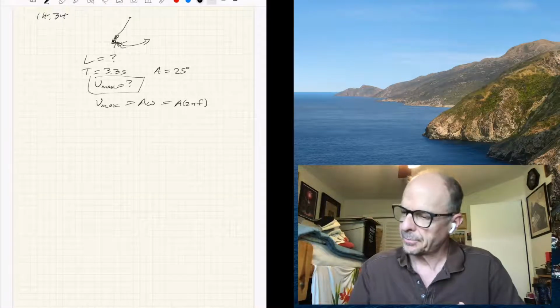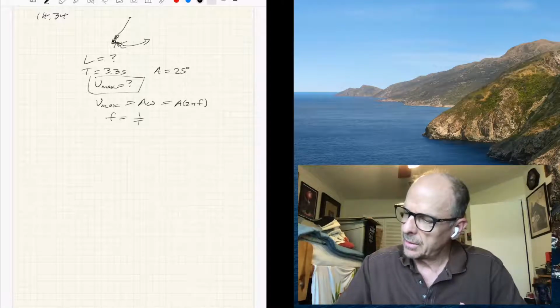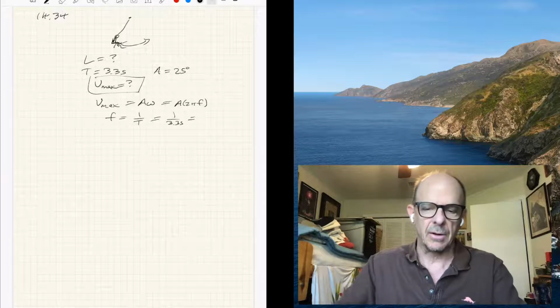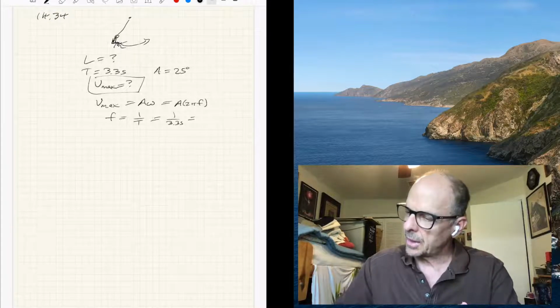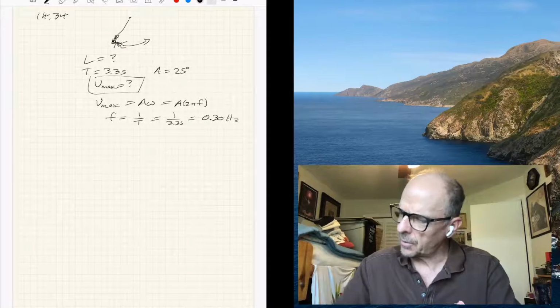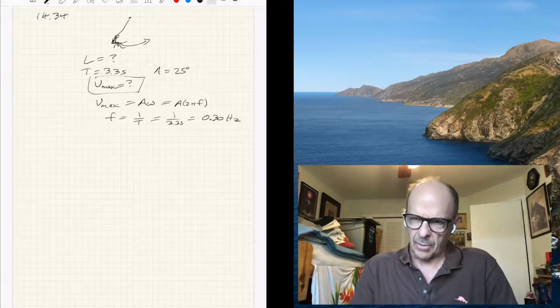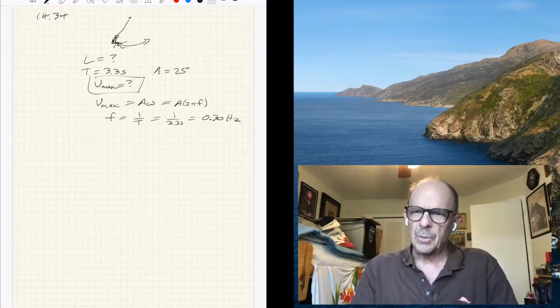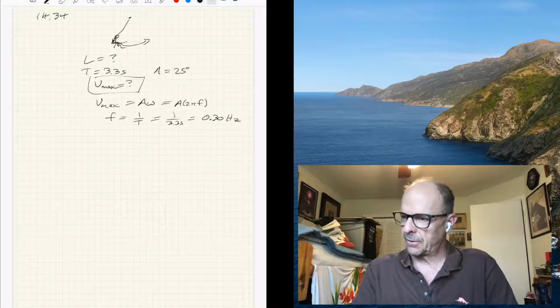And so the frequency is 1 over the period T, so that's 1 over 3.3 seconds, which is 0.30 hertz. So we have the frequency. So to get the maximum speed, we just need the amplitude. We've got the amplitude, but we've got it in degrees, and we need it in meters.